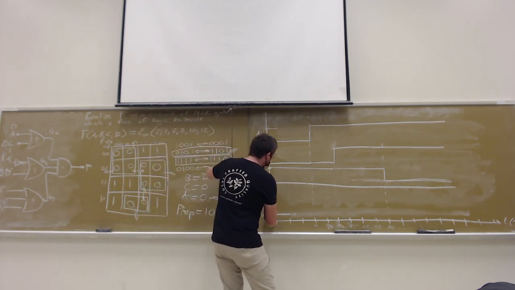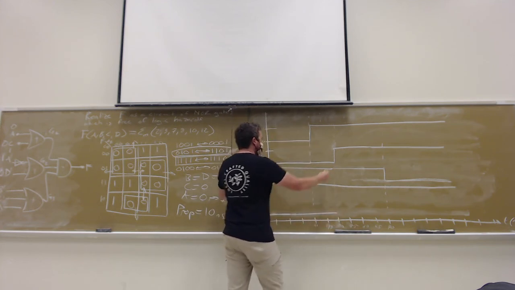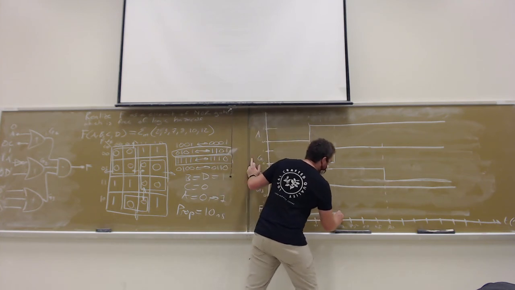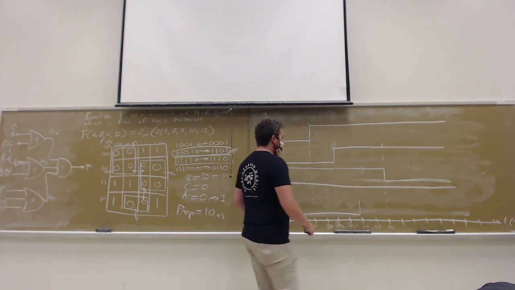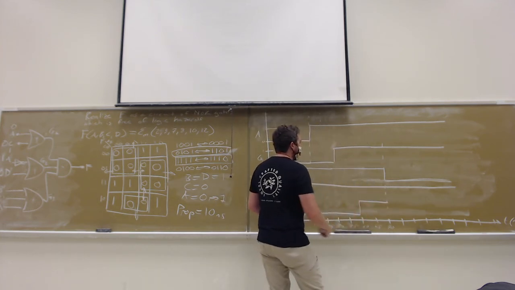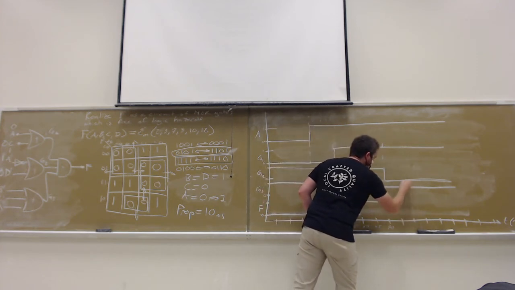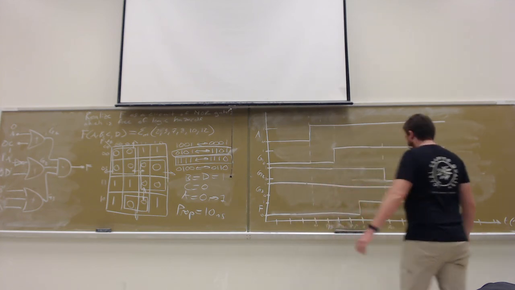It's going to stay there until we get to this point, where we do in fact have 1, 1, 1, which means it's going to take another 10 nanoseconds. And go to 1, and it's going to stay there until here, and now we have 1, 0, 1, so it's going to take 10 nanoseconds to get there, and it's going to drop over.